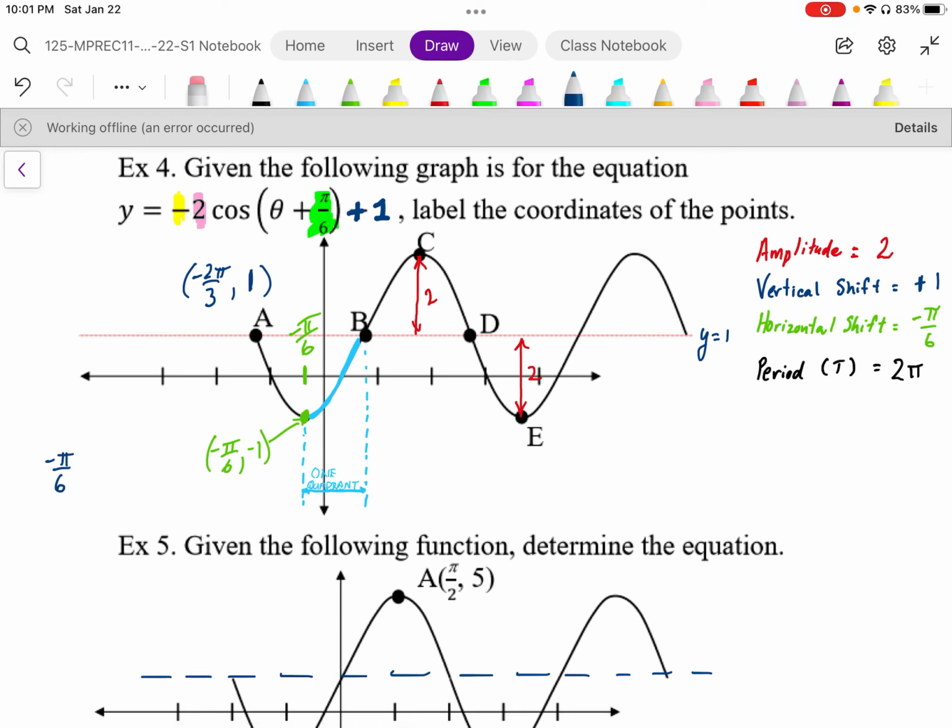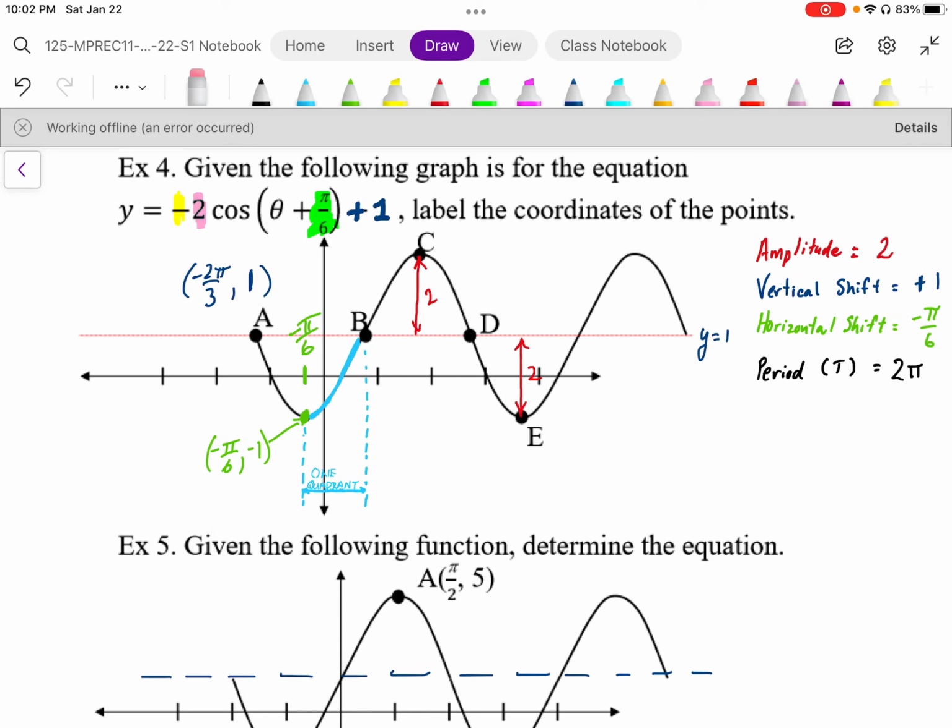I'm going to move to the left one quadrant, which is pi over 2, and that gives me negative 2 pi over 3. So we have to make sure we understand the position, the coordinate that locates position, and then how we move it to the next position.